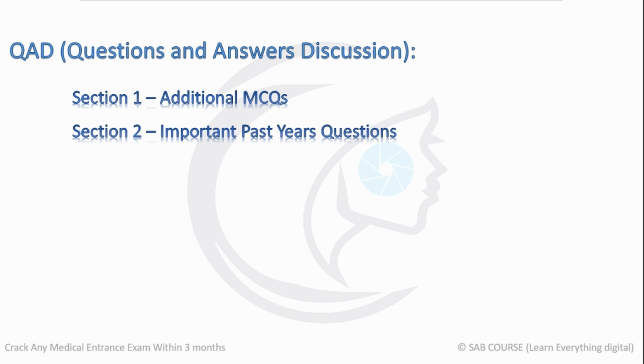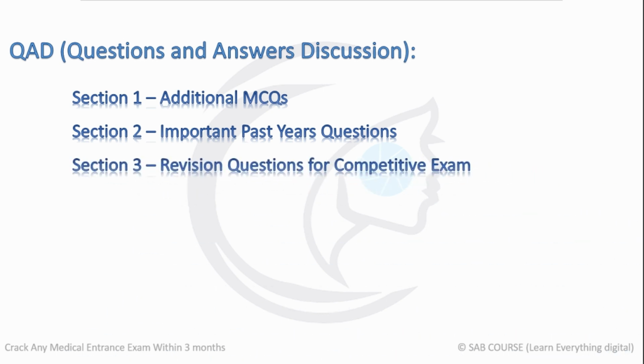Under section 3, revision questions for the competition exam, we will focus especially on heavily weighted, repeatedly asked questions. And in section 4, that is check your grasp, in this section we will check to what depth we have learned in this course.